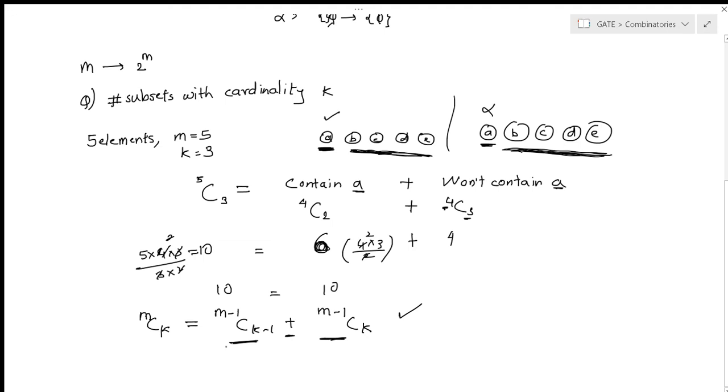Here we were saying the element A will always be there, and here I was saying it won't be there in any case. So these two are completely disjoint cases, and at the same time both are producing different answers. This is the intuition behind the selection operation.